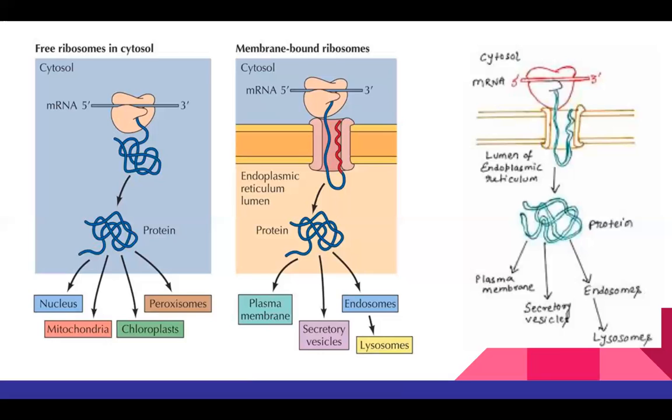So if the protein is going to go into the endomembrane system, and let's say it was going to end up on the outside of the cell, it can't be translated on a freely floating ribosome in the cytosol. Otherwise, it will never get there, because it has to be attached to the membrane-bound ribosome because of the mechanism of how those proteins are made. They sort of just get funneled into the ER while it's being synthesized. So that's why those proteins have to come from the membrane-bound ribosomes. So does that make sense?